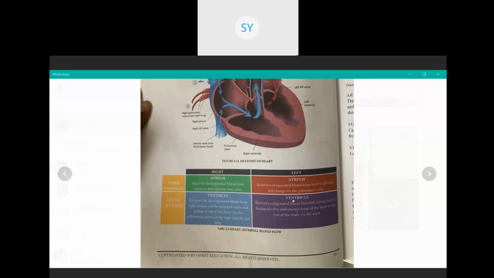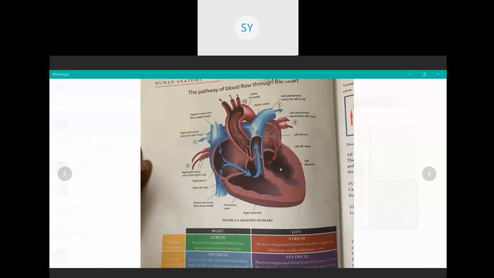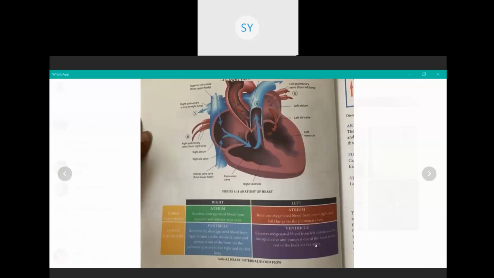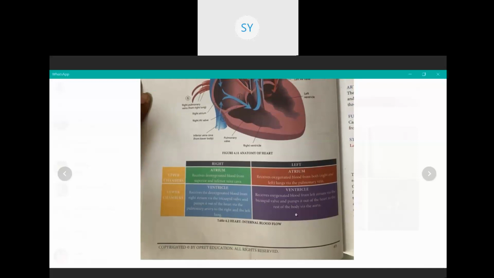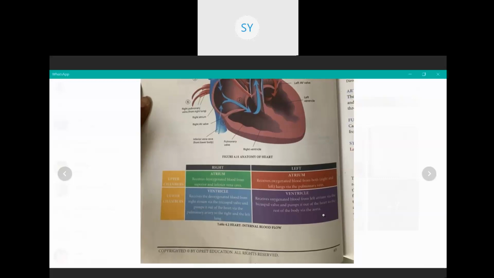So the blood is coming from the lungs into your left atrium and finally goes to the left ventricle. See their explanation: it receives oxygenated blood from the left atrium by the bicuspid valve and pumps it out of the heart to the rest of the body by the aorta.